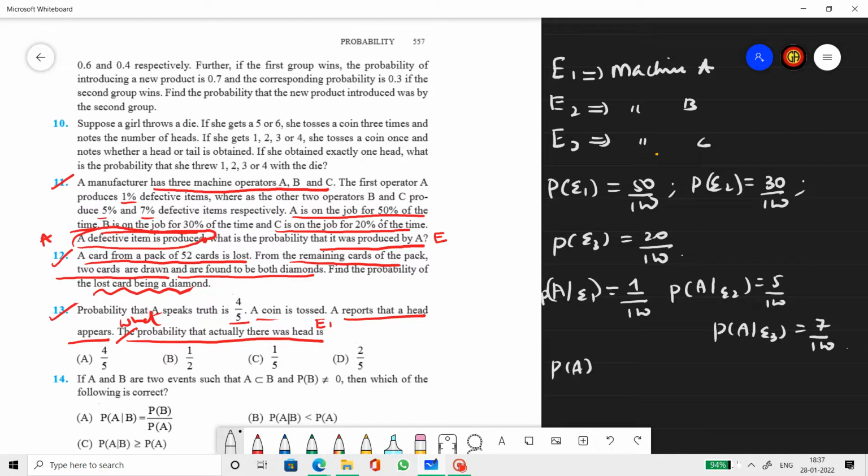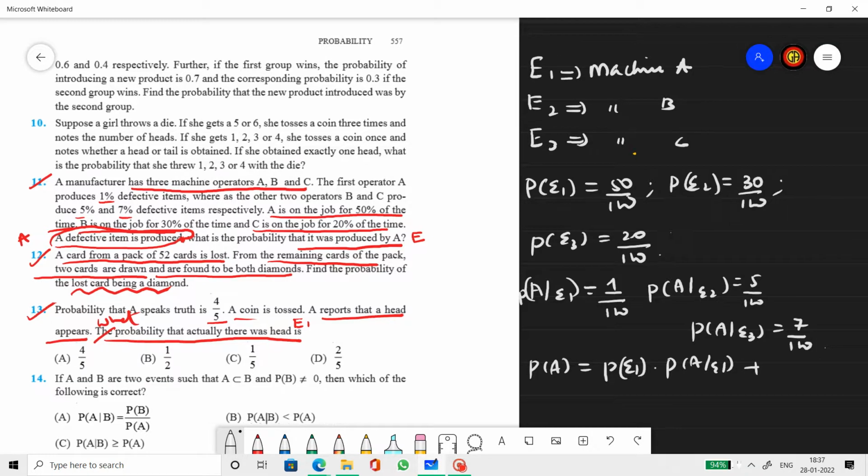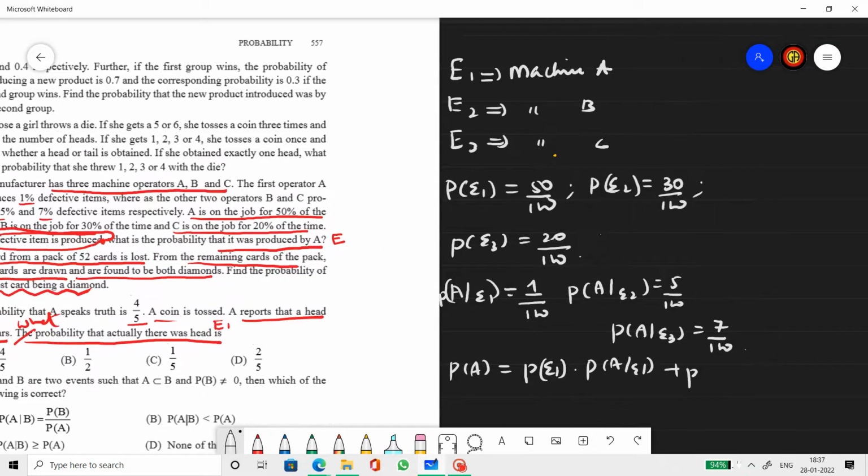P of A is producing a defective item, which could be from machine A and it is defective, plus machine B and it is defective, and then machine C and it is defective.